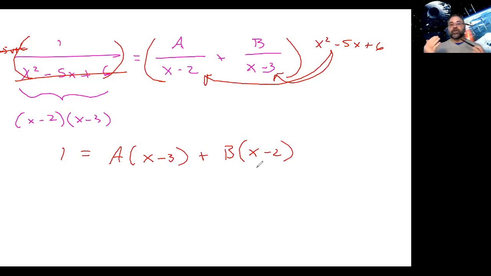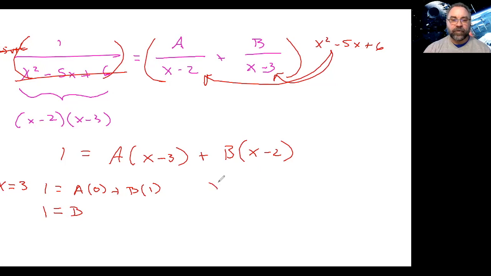Now all I have to do is solve this for A and B, by making a convenient choice for x. What would be a really convenient choice? How about x equals 3? Then you get 1 equals A times 0 plus B times 1, so 1 equals B. What would be another convenient choice?